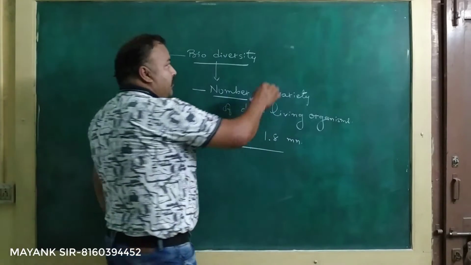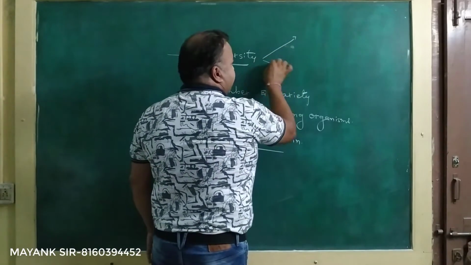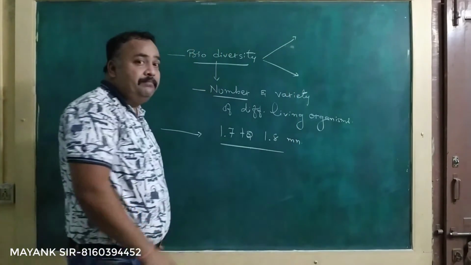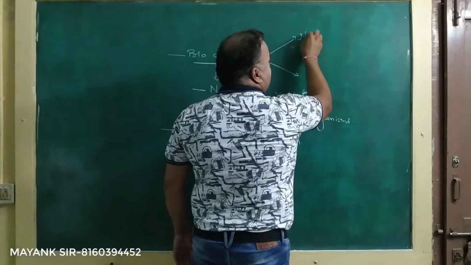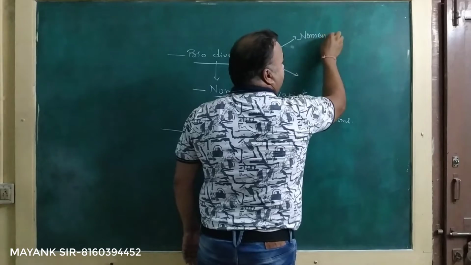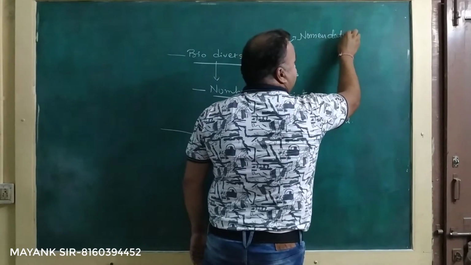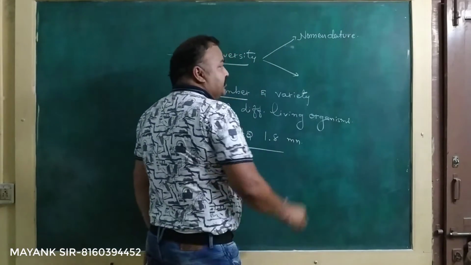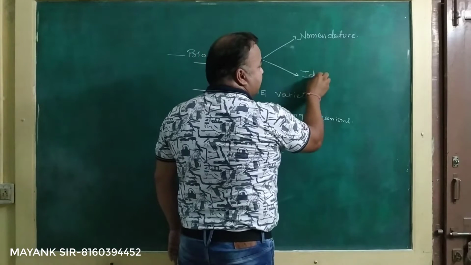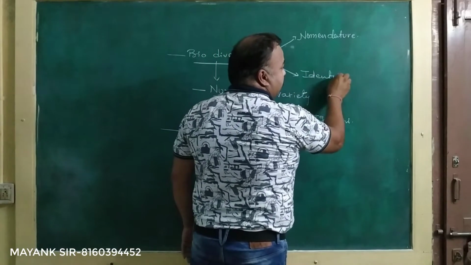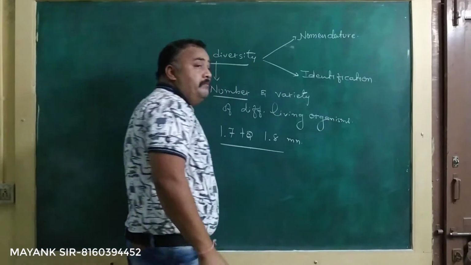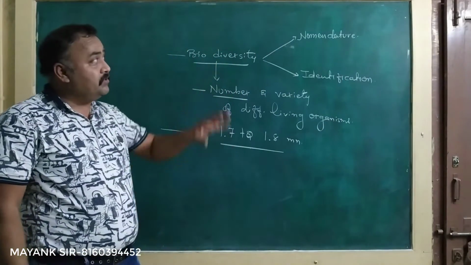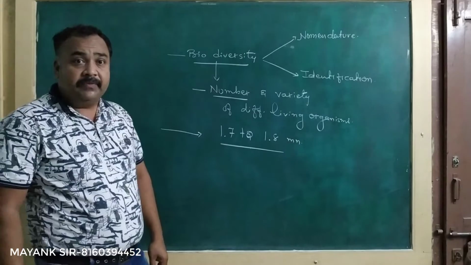So to study biodiversity, two things are very much important. The first one is called the nomenclature or naming of living organisms, and the second one is known as identification of living organisms. What do you mean by nomenclature or naming?